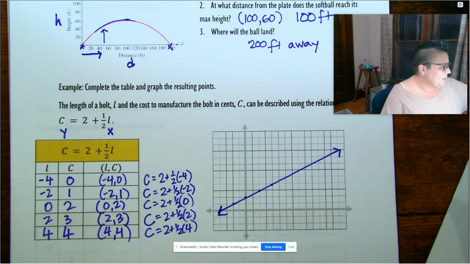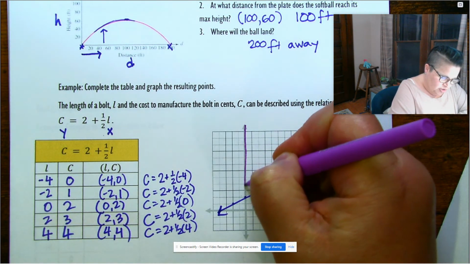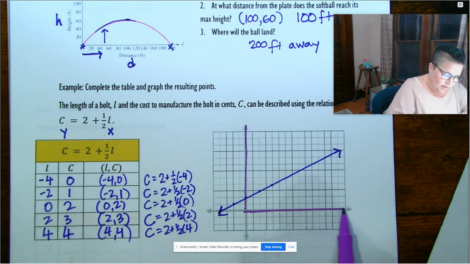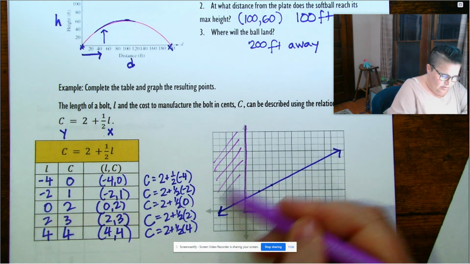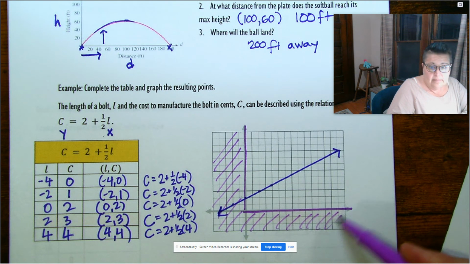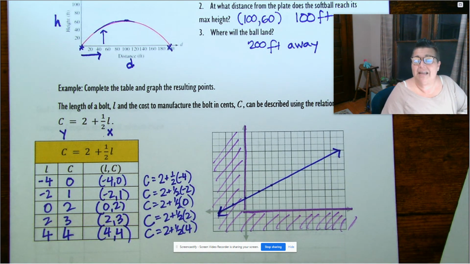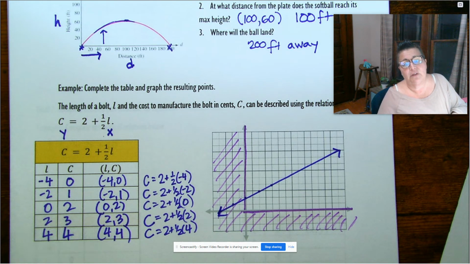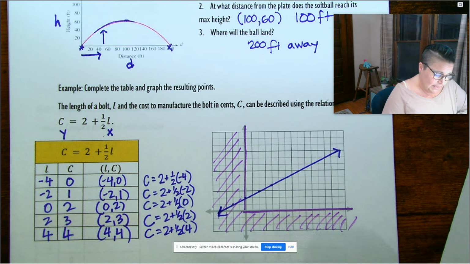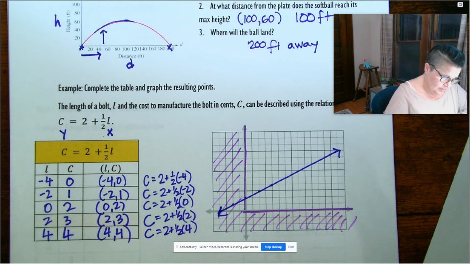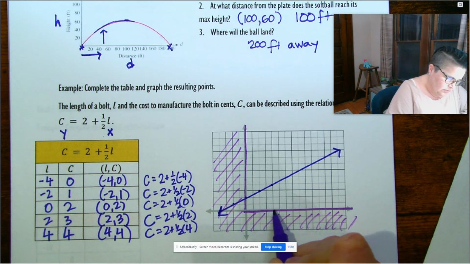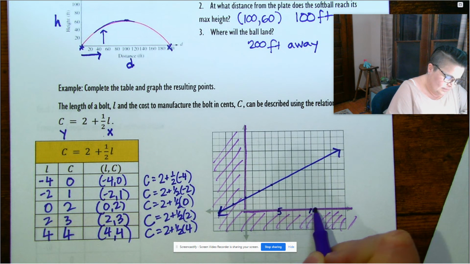So when we look at this graph, the part that's going to matter to us is just going to be everything in this first quadrant. This part here is not necessary to us because it's negative. We can't have negative values for the length. We could maybe have negative values for the cost, but not using this equation, okay? All right, so using this, we could maybe approximate 1, 2, 3, 4, 5, 6, 7, 8, 9, 10.